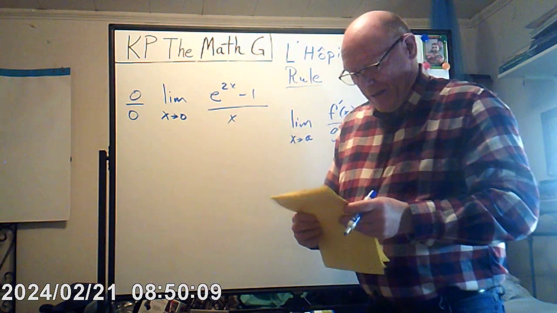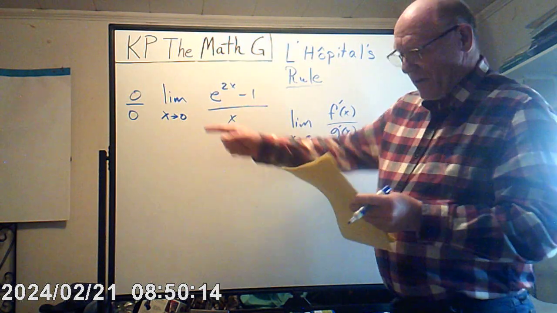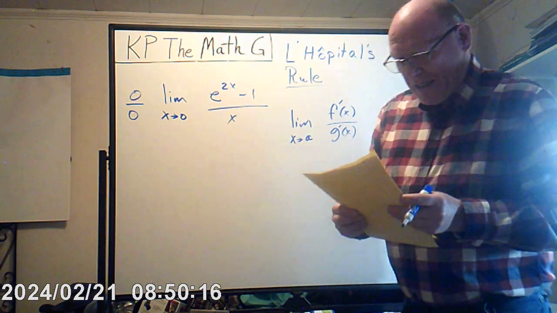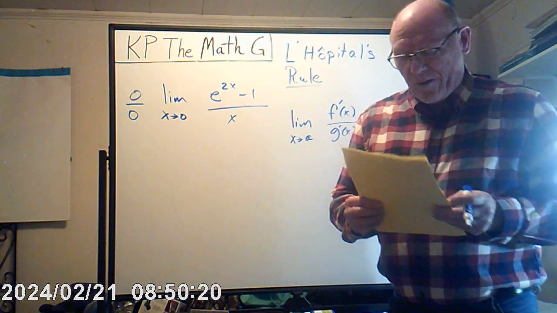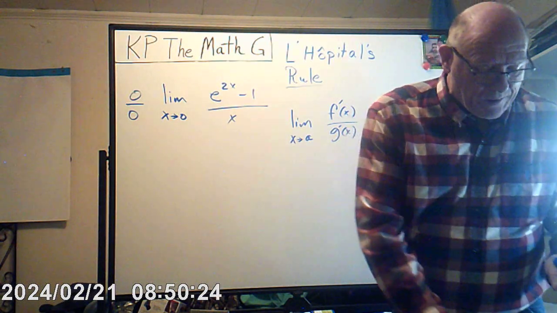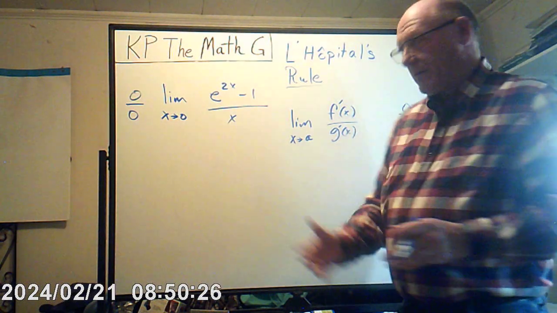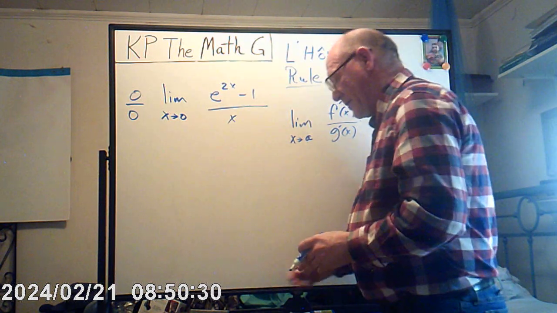These are called indeterminate forms, 0 over 0 or infinity over infinity. So they do not guarantee a limit exists, nor do they indicate what the limit is if one does exist. So we do need to reveal it through L'Hopital's rule.